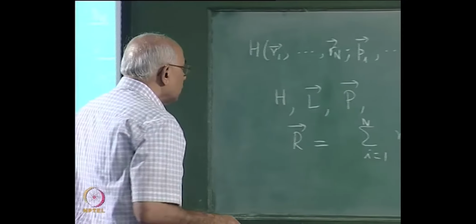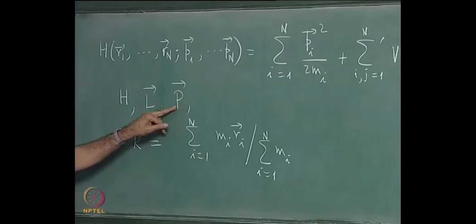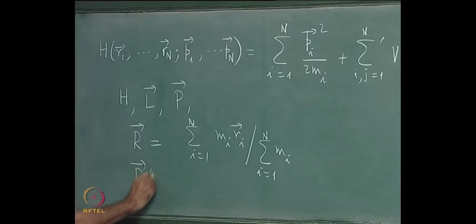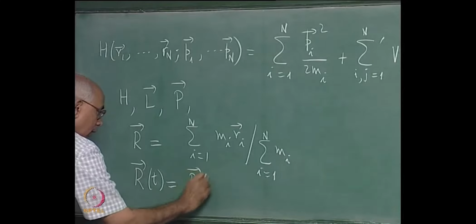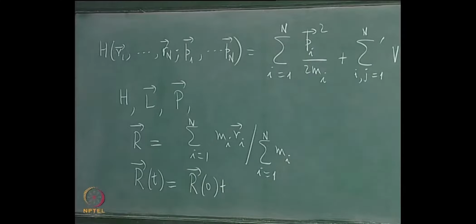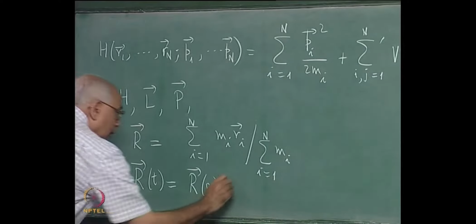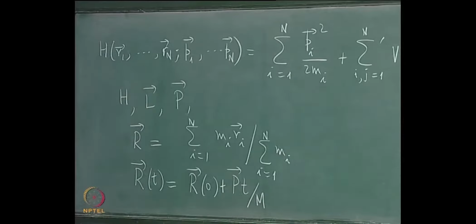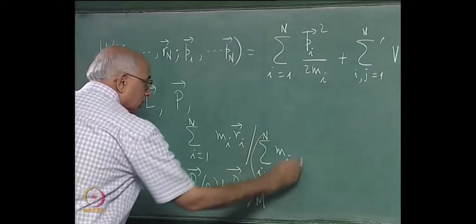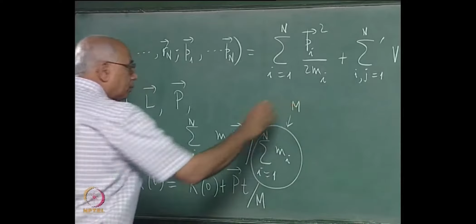Because the total linear momentum is constant, it is possible to find R at any instant of time by a simple formula: R of t is equal to R of 0 plus P t over M, where M is the total mass of the system.